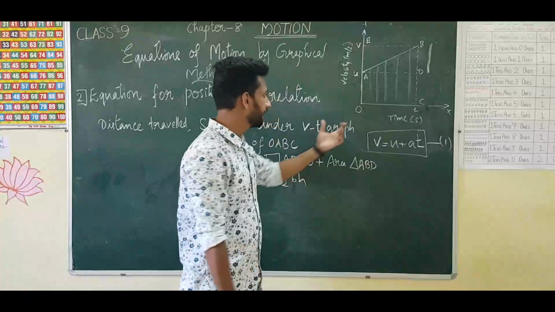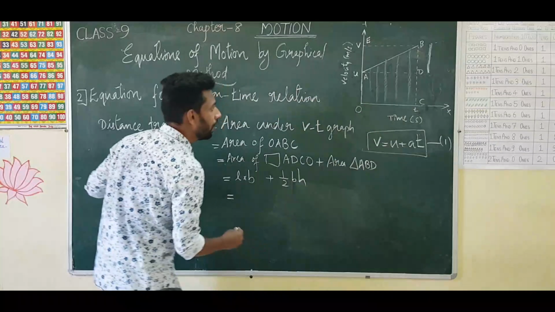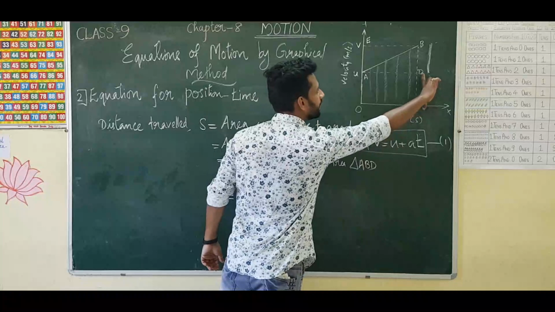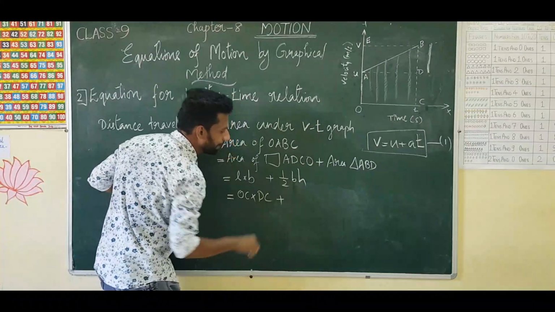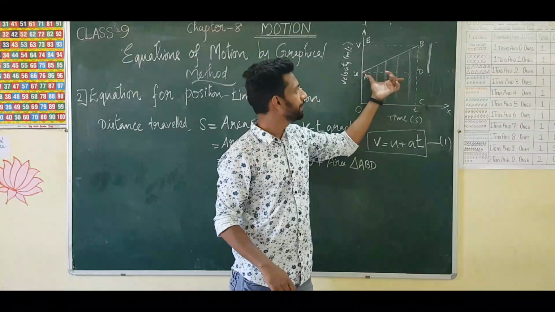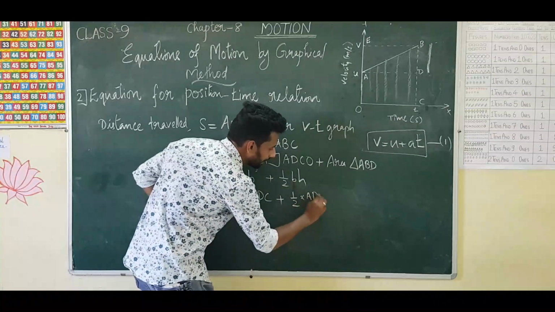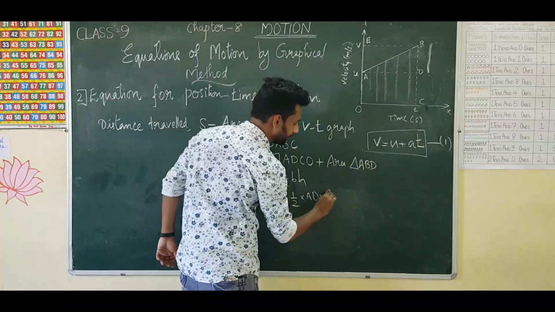Then length here can be represented as OC into height, which can be represented as DC, plus half into, here what will be the base? The base will be equal to AD into what will be the height? This will be the height of the triangle, BD.